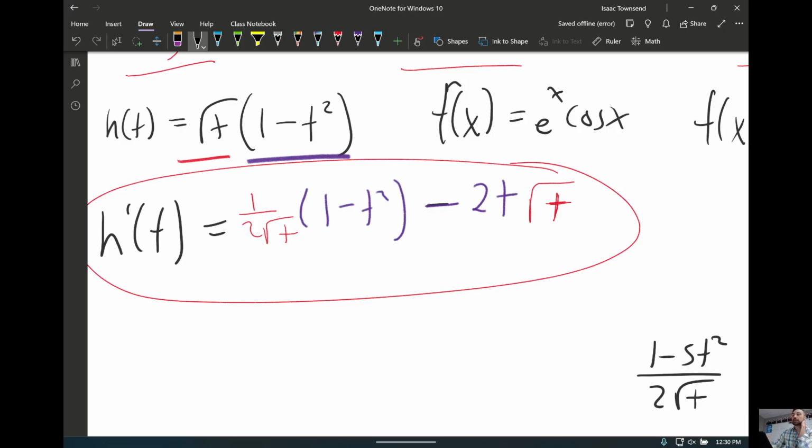So how do you think they went from these two terms to just having one big term? How can I force these two things together?